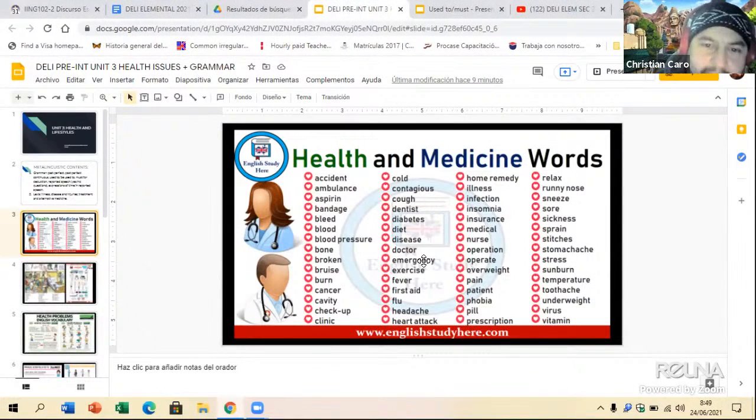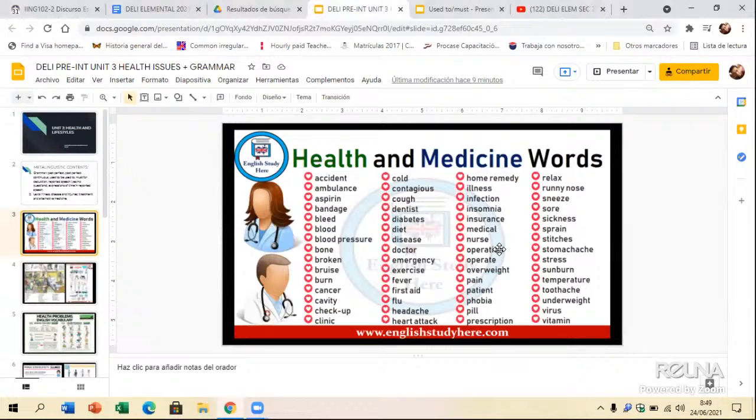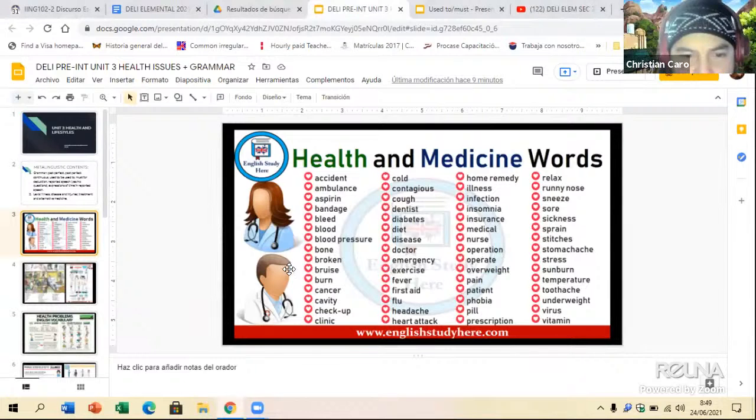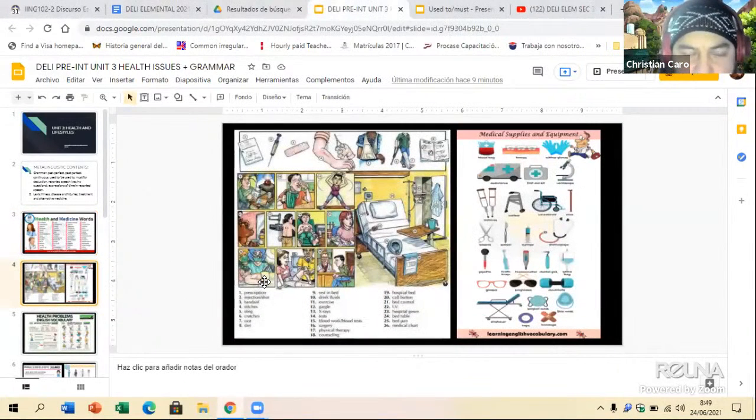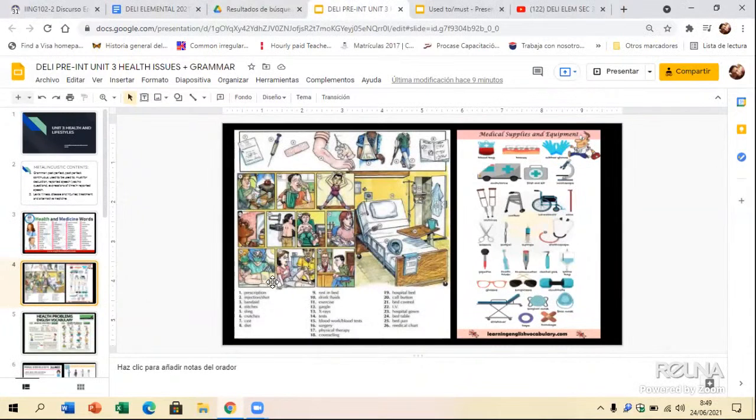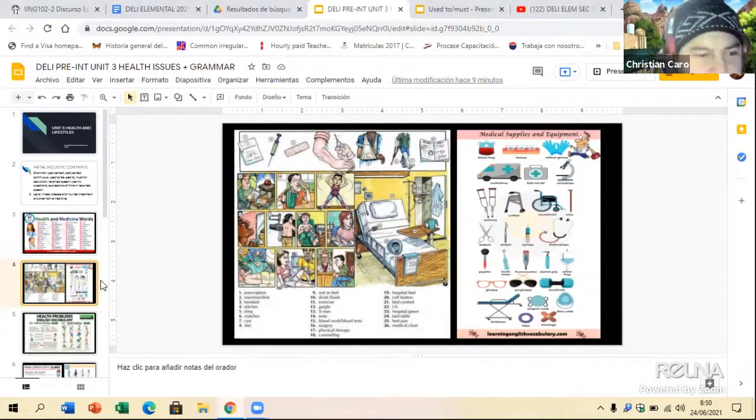There's some vocabulary and health lexicon that we should be revising once in a while in Unit 3, together with some lists of expressions.